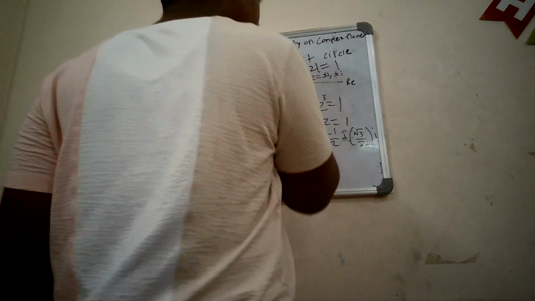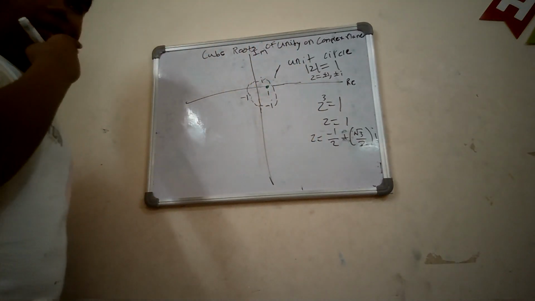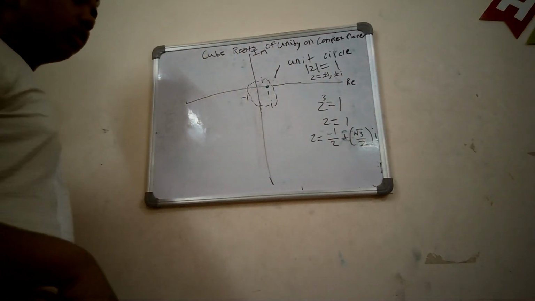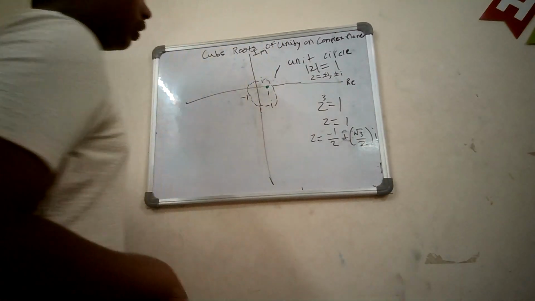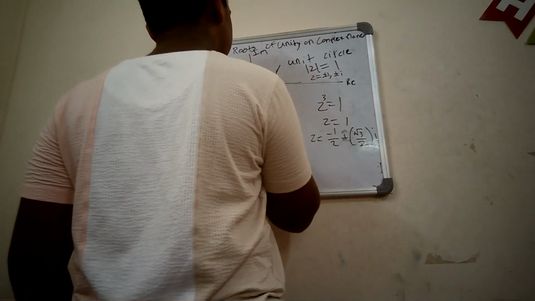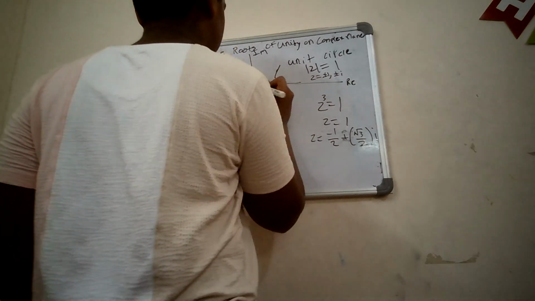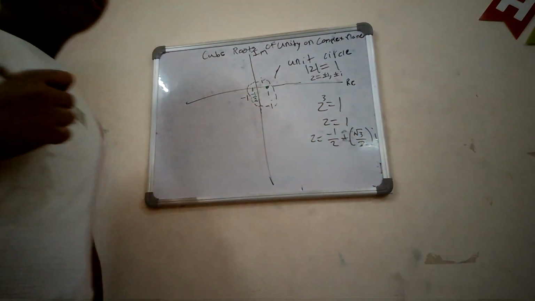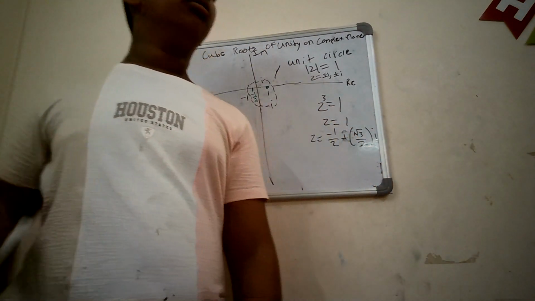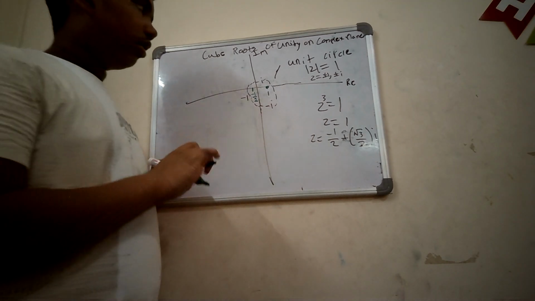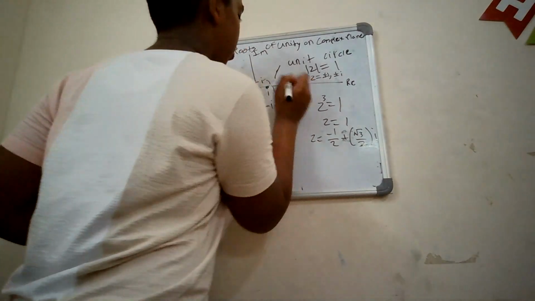Here, look, negative 1 by 2. It would be somewhere here, like negative 1 upon 2, and then the square root of 3 upon 2i. Now where would this be? The square root of 3 upon 2.